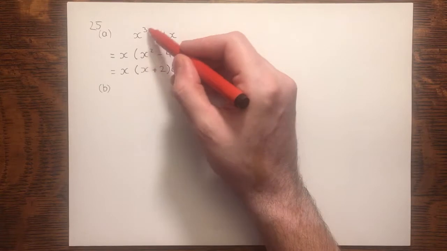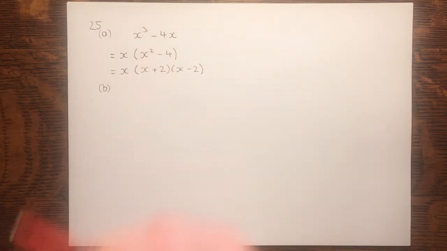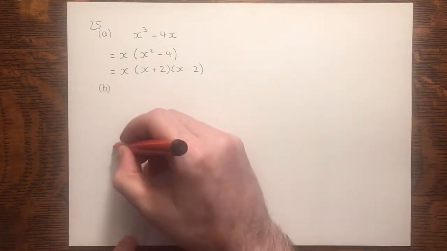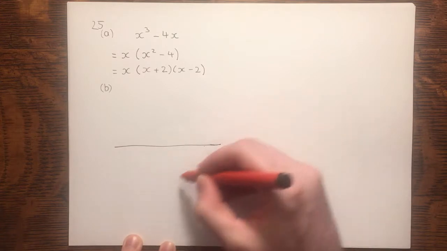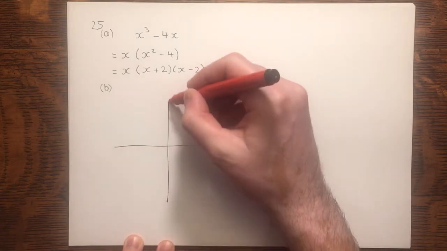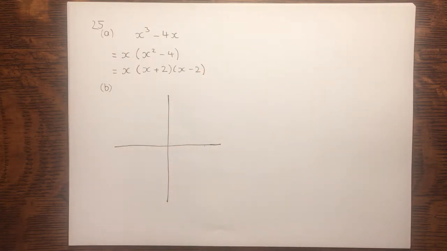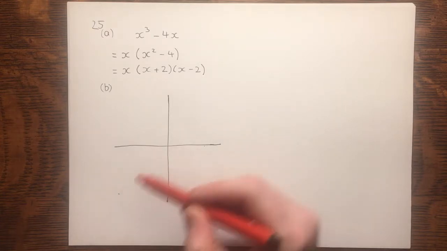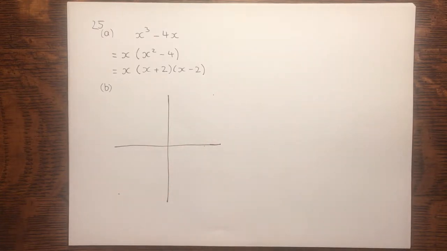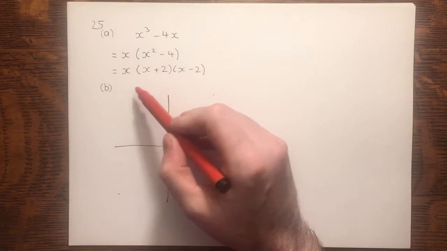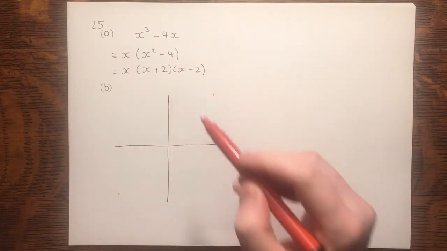I can also see from this that it's a positive cubic. So a positive cubic will start down here and finish up here, going via minus 2, 0 and positive 2.